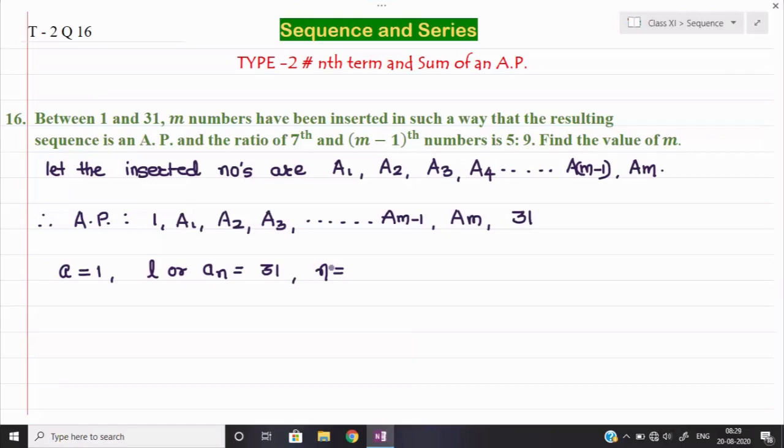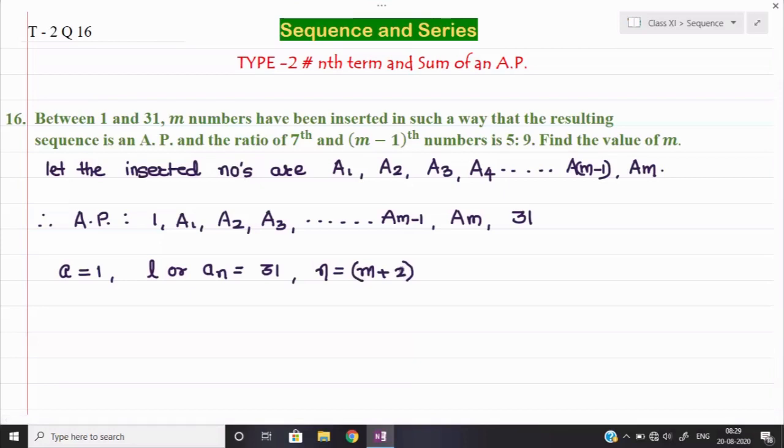For example, if I insert 10 numbers, a1, a2, a3, up to a10, along with these 10 numbers two more numbers are there, 1 and 31. So the total will be 10 plus 2 equal to 12. Similarly, here the total numbers will be m plus 2, because a1 to am are m numbers, and 1 and 31 are the first and last numbers of the sequence.